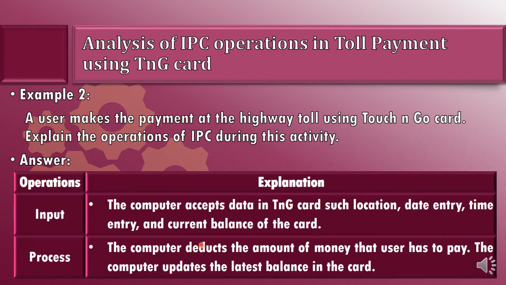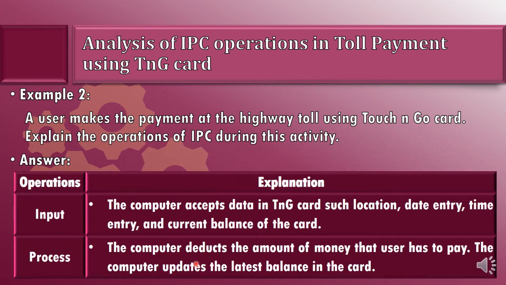The verb that we use for the first answer is deducts. Deducts is the suitable verb that represents process. The second point here, the computer updates. This is a popular verb that represents process operation. Update what? Update the latest balance in the card.